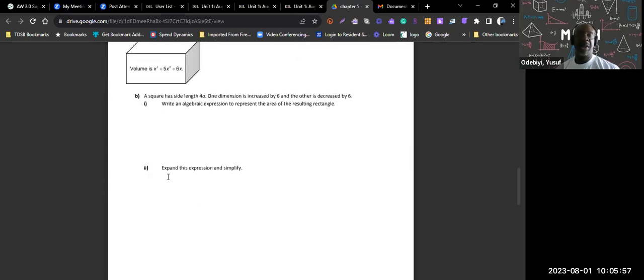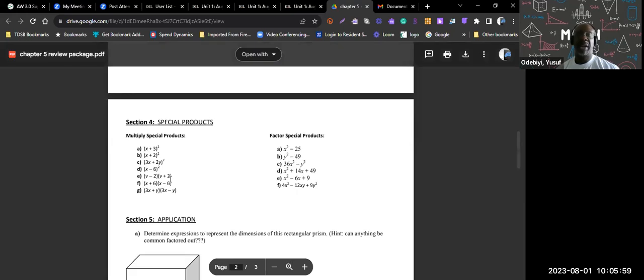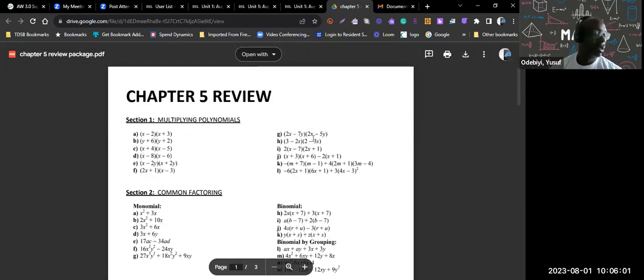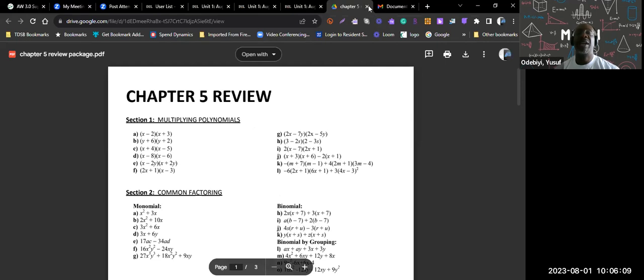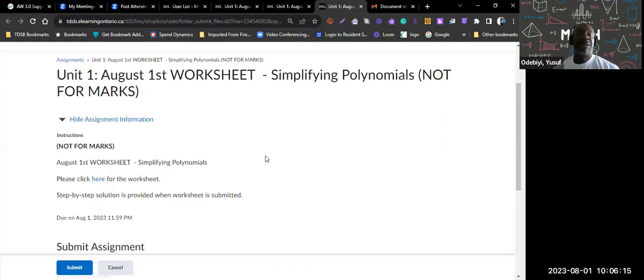These are questions that you're going to do, and that should help you for the quiz. Again, it's not for marks, so you don't have to do every single thing and you don't have to hand it in. But it's a good way to practice, not just for now, but for the test too. So that is what you're working on today.